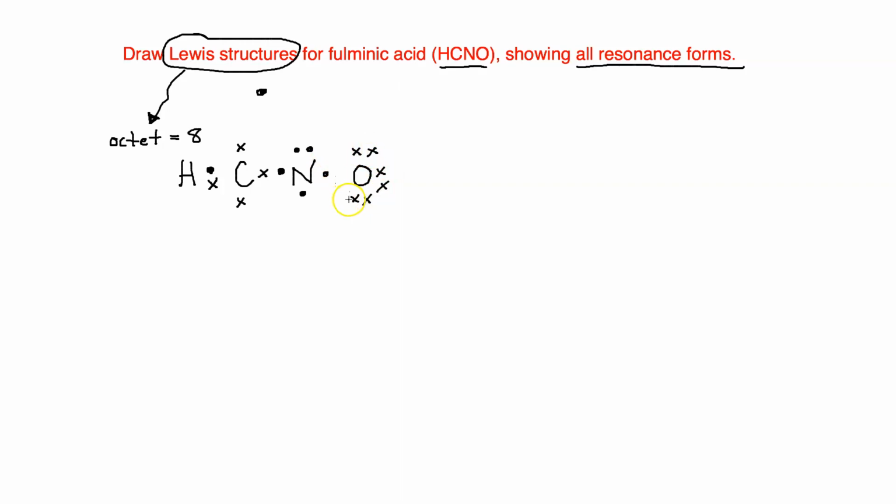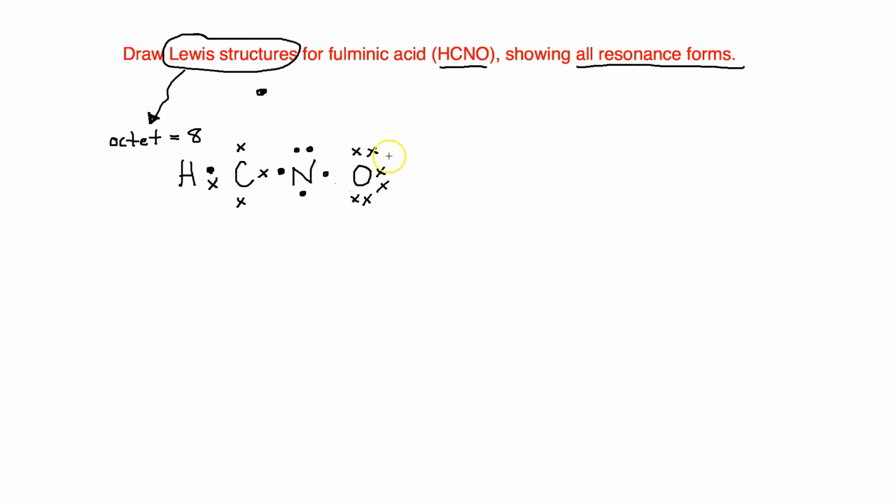Either by putting an electron here or not, the idea is oxygen has 7 electrons. We know that oxygen has a valence shell of 6, and it needs 1 more, so putting this electron into this bond doesn't change that. So what I'm trying to do now is manipulate these electrons so that I get a nice octet, a number 4 or 8, for the carbon, nitrogen, and oxygen.